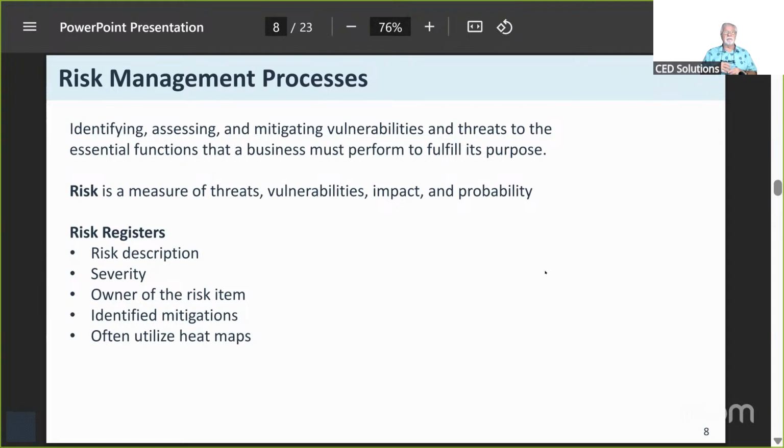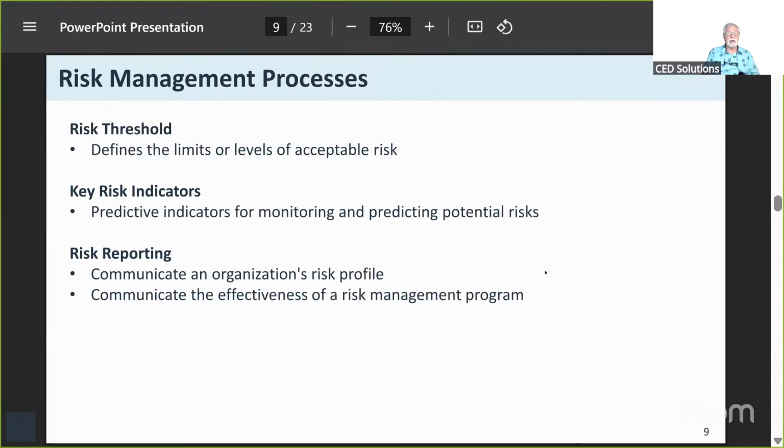Does it affect internal only, or may it affect external partners, external vendors, distributors, suppliers, etc.? So the heat map and doing the further threat, risk, and vulnerability analysis is how I determine all of this, and it also assists me in deciding how I'm going to manage the risk.